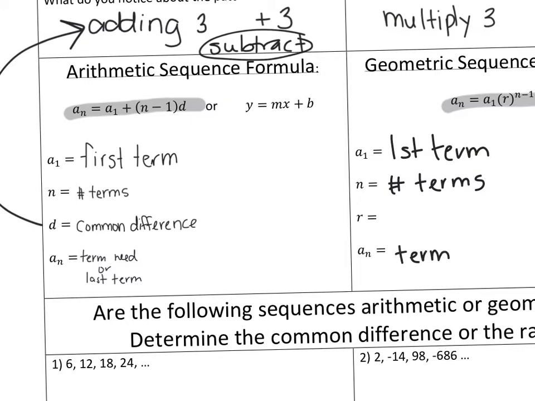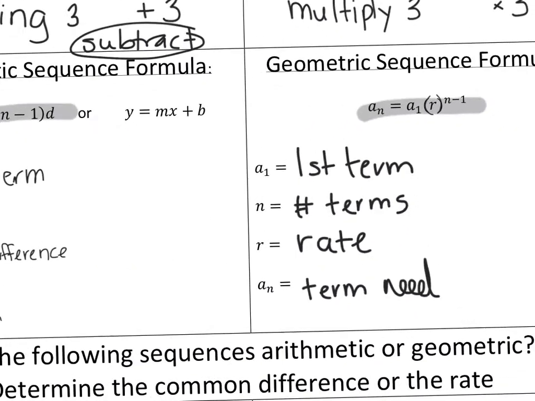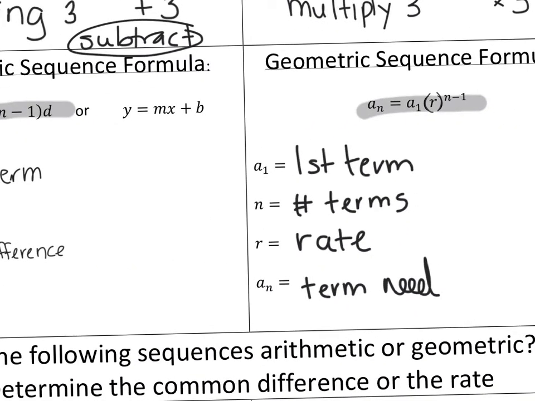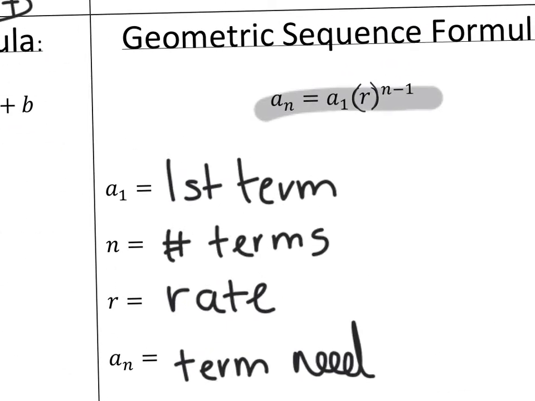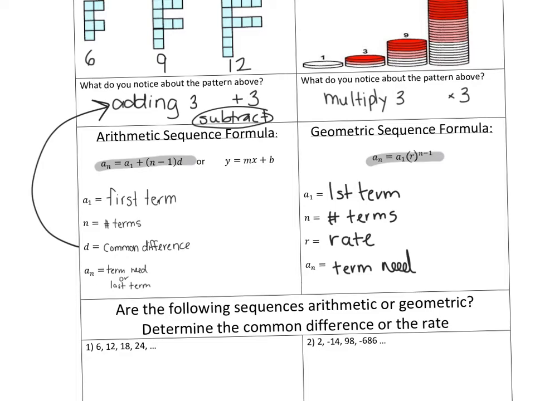So whatever term they're asking you to look for, if they're asking you to look for the 100th number, then A sub n is the 100. But the R stands for rate, because in geometric we're multiplying. So if you notice in the geometric, the rate is in a parenthesis, because parentheses means multiply. Okay, and also the geometric sequence has an exponent, because it's growing exponentially.